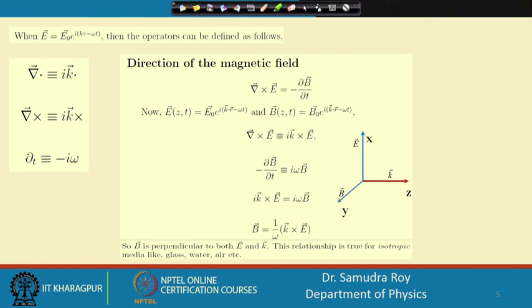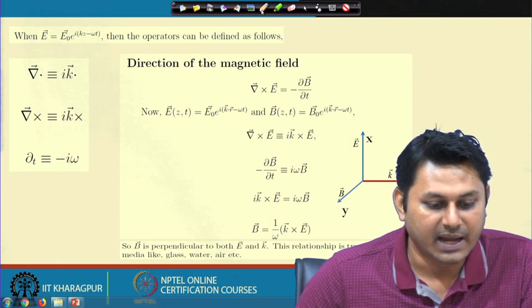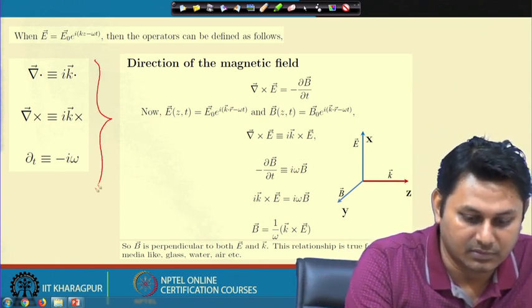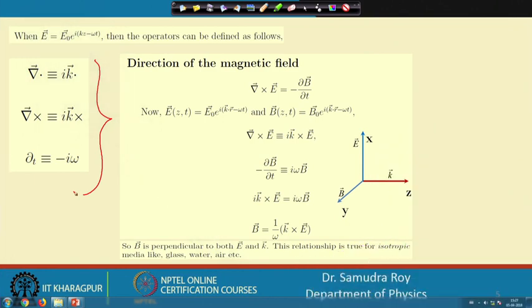Okay. So, one very important thing we would now like to know is the meaning of these operators. On the left hand side of this slide, you will find some operators given: grad, dot, curl and del t. This is a very useful identity.